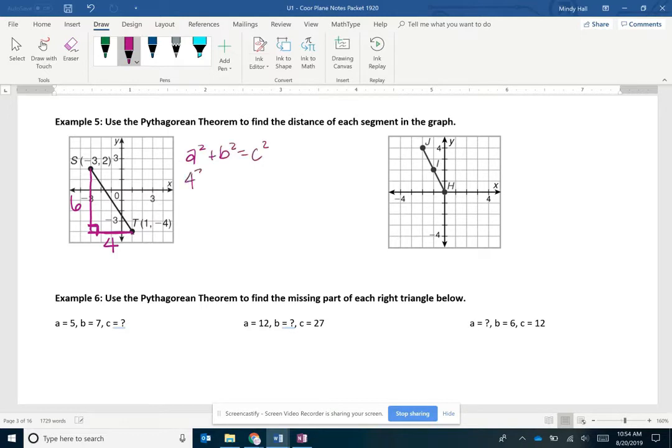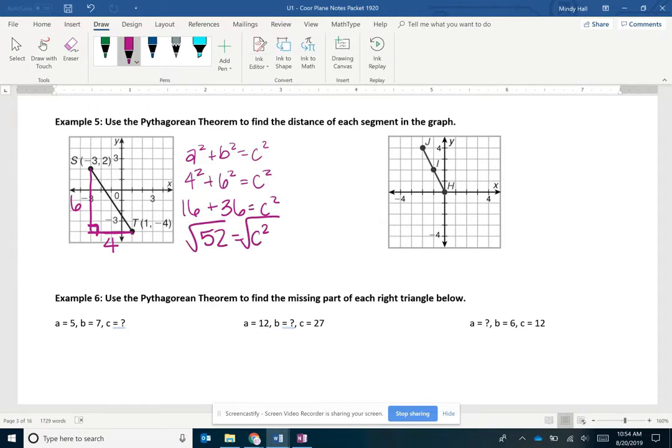My legs are 4 and 6, so 4 squared plus 6 squared equals c squared. 4 squared is 16, 6 squared is 36, and 16 plus 36 is 52. And then we take the square root of both sides. Now, this is where it gets kind of tricky.